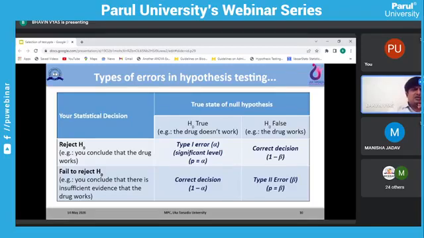establishment of significance levels. So the second condition might be that by statistical decision you conclude that the drug works, and in reality it is also working. So that is nothing but the correct decision. The second situation is that by statistical decision you fail to reject the null hypothesis.